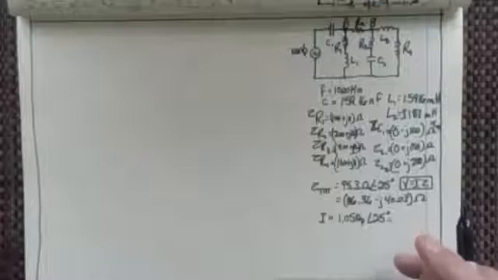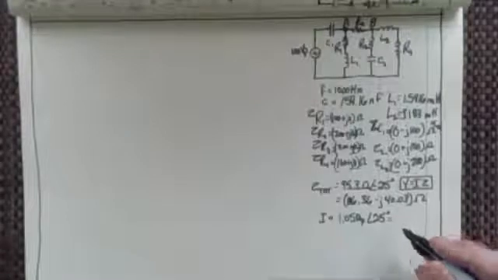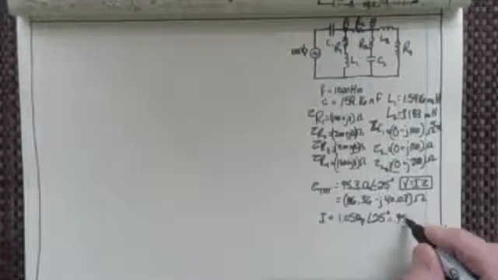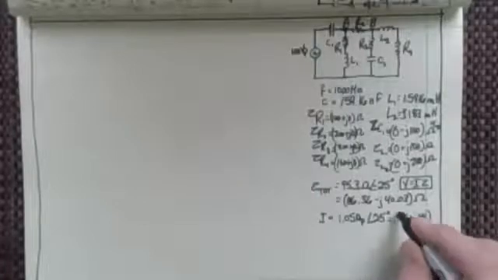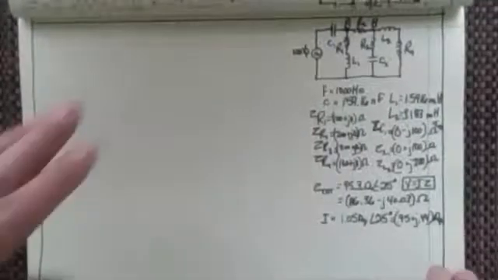Complex numbers work just like any other numbers, don't they? I could also write the current as 0.95 plus J0.44 amps peak, in rectangular form, and we may have to use that.